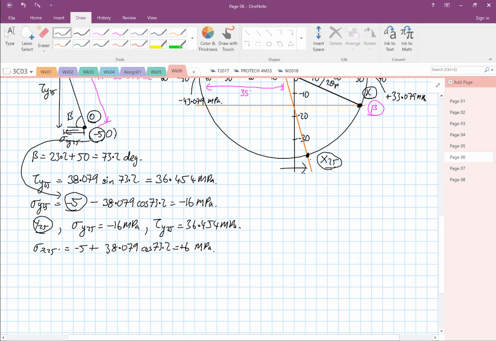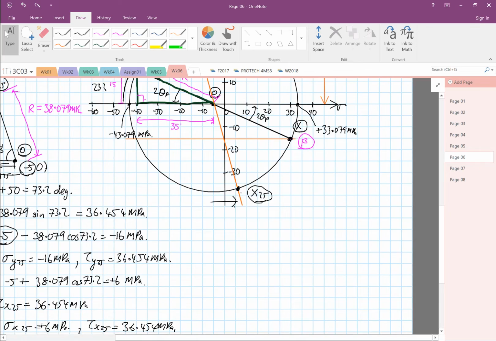Always take note that the shear Y25 is equal to the shear X25, which is 36.454 megapascal. So the normal stress X25 is 6 megapascal positive, and the shear X25 is 36.454 megapascal.